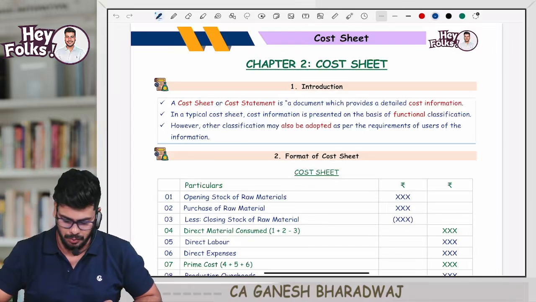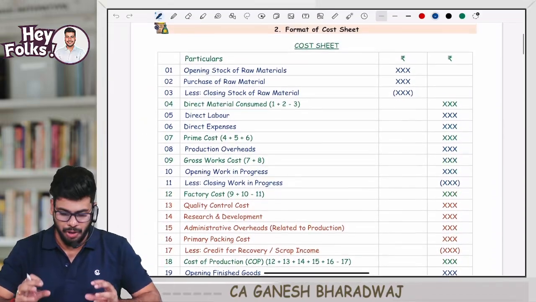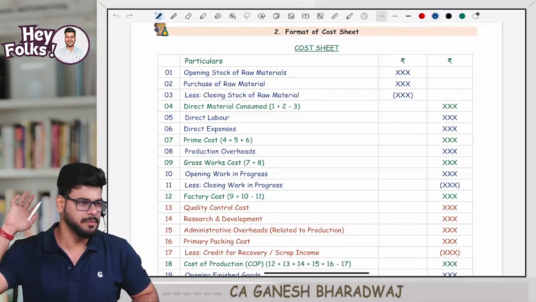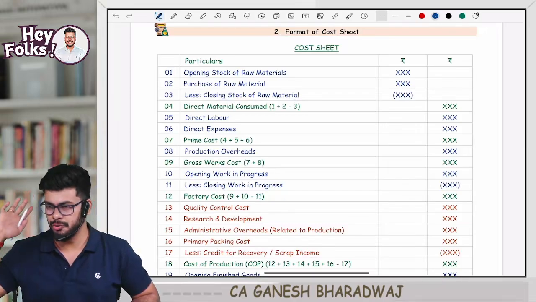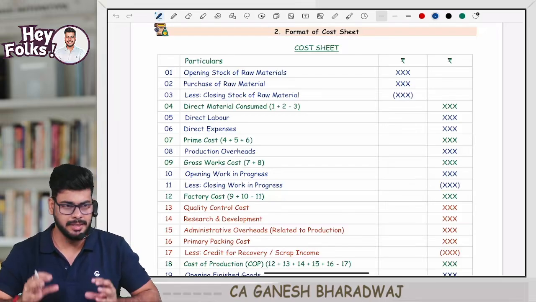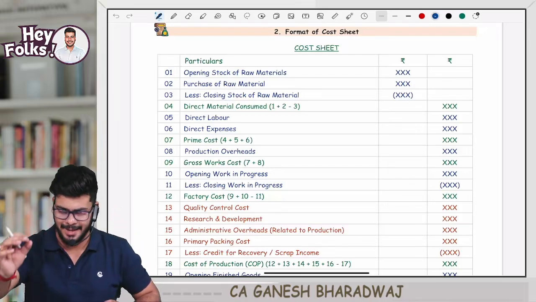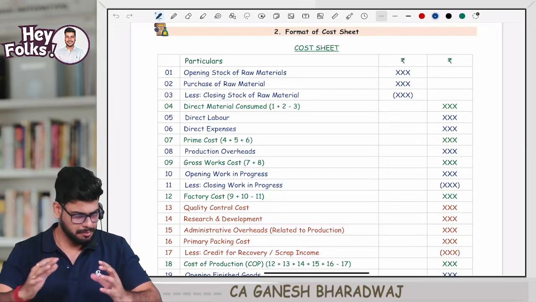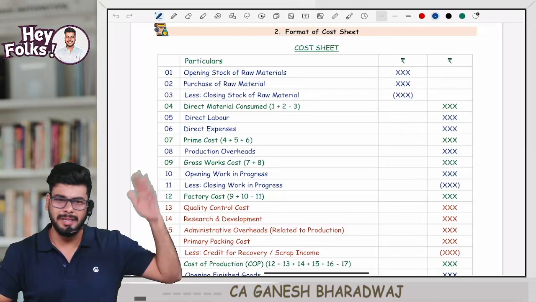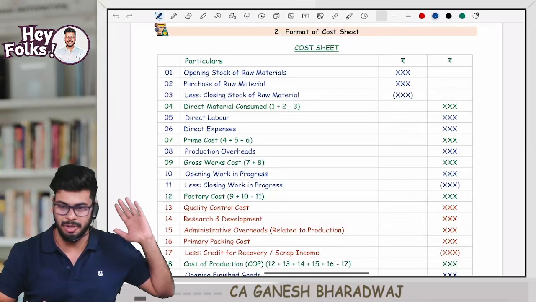Now there is a format of cost sheet given here. For you to understand this format, not even one line item needs to be mugged up. I will walk you through the entire thing. This is the new and the latest format of cost sheet given by ICAI, applicable for your examination. But some 10 years back, the Institute had an old version of cost sheet.